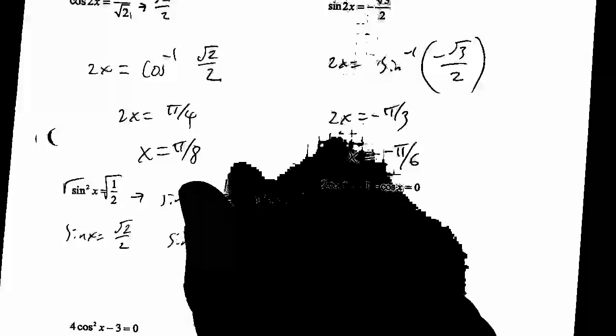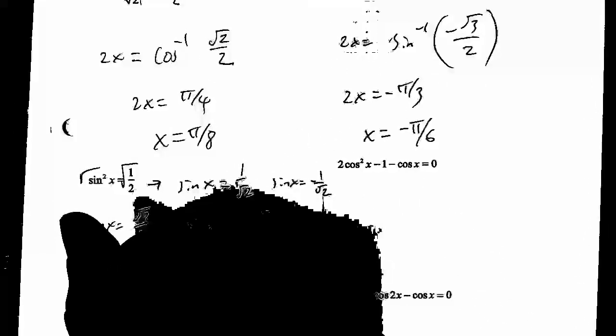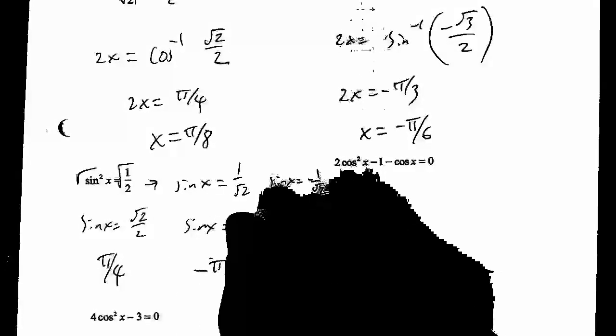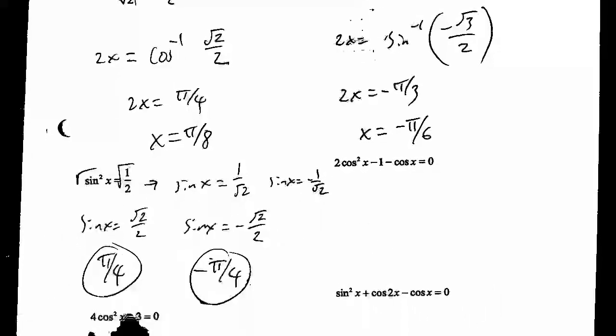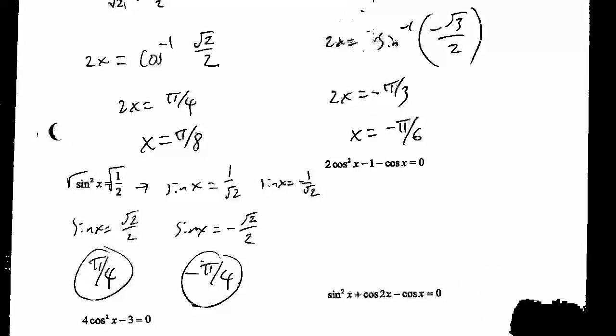So this is really sine x equals root 2 over 2, and sine x equals negative root 2 over 2. Where does this happen? Well, this happens at pi over 4 and negative pi over 4. That's when we get root 2 over 2 and negative root 2 over 2. Okay.